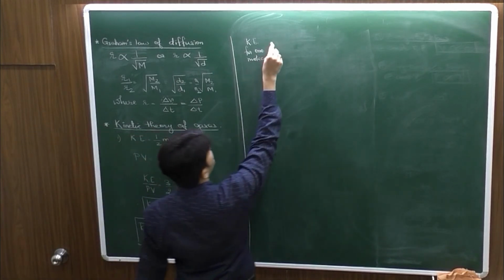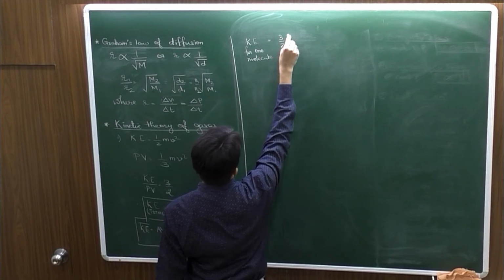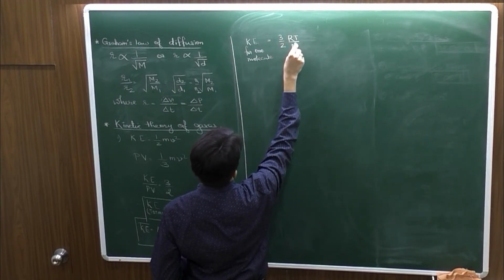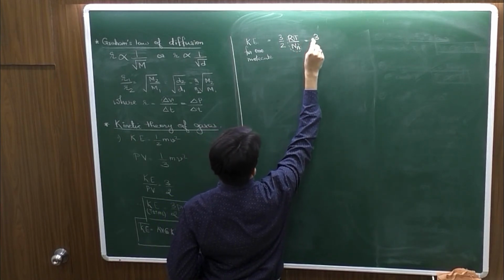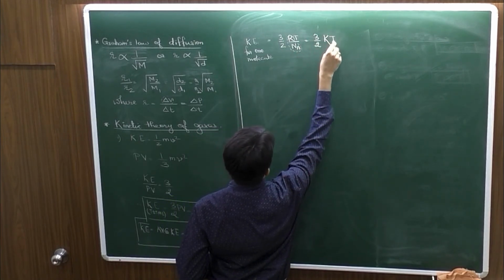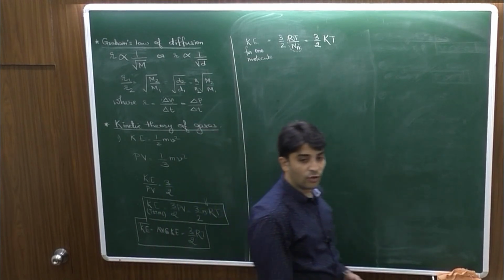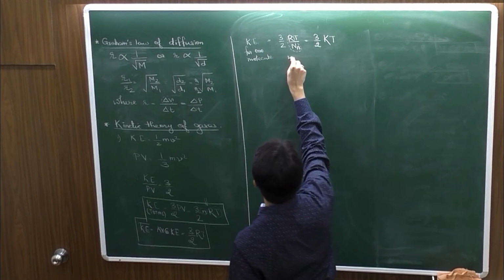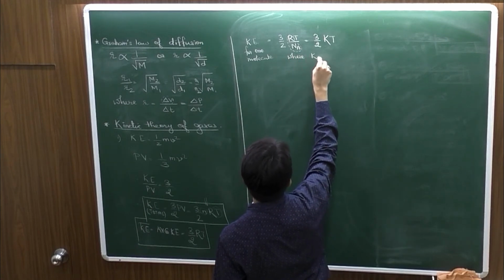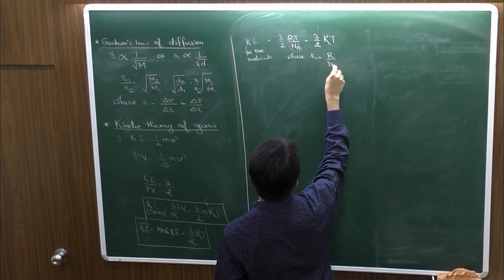So what you get for one molecule is 3 by 2 RT upon Na. But this R by Na ratio is Boltzmann constant, which is k. Hence, the formula reduces to 3 by 2 kT, where k is Boltzmann constant equals R by Na.